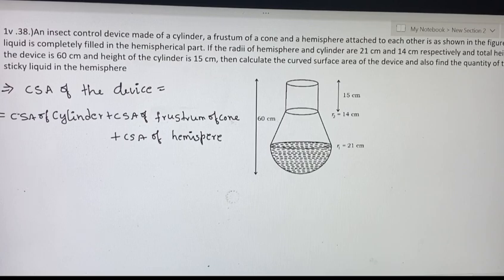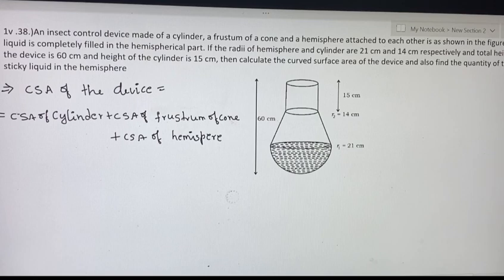So now we need to find the CSA of cylinder first, then CSA of frustum of cone, then CSA of hemisphere. Once we have the answer for all these three shapes, we can just add them to find the CSA of the device.